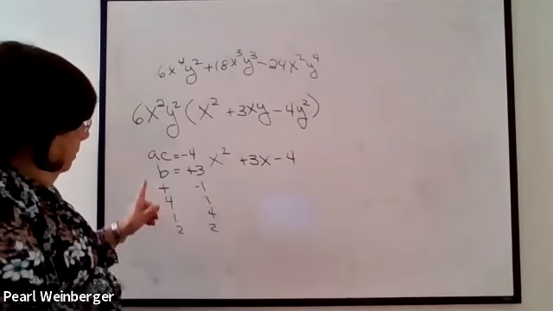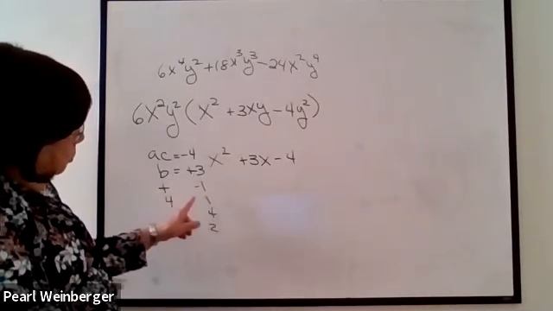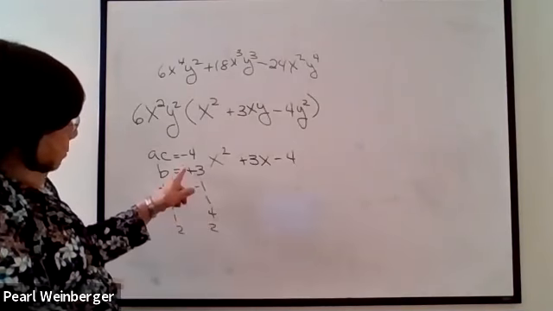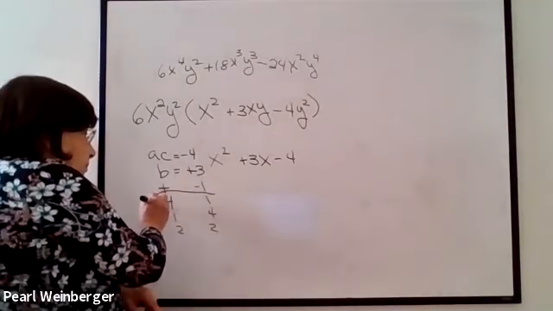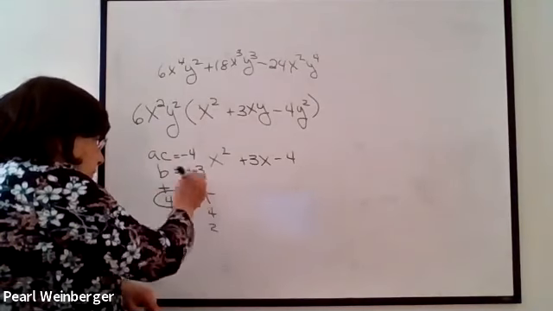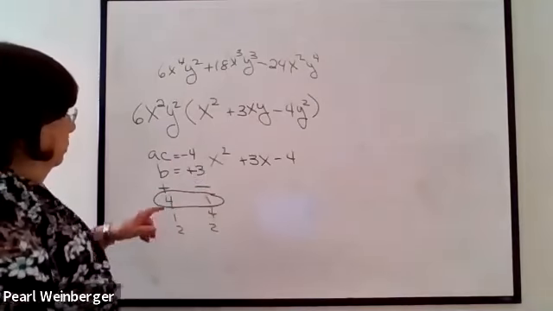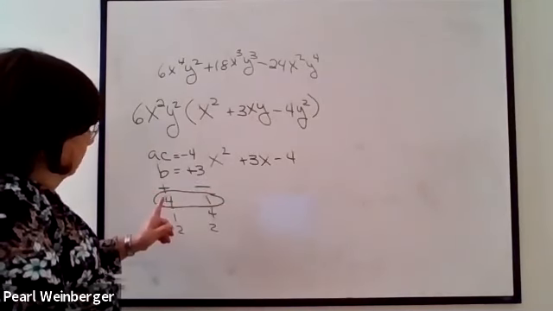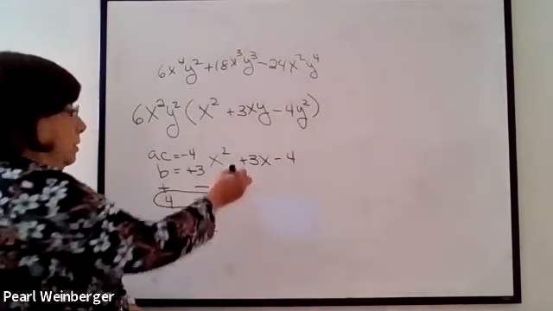And when I combine them, the first combination will give me a positive 4 with a negative 1, which gives me positive 3. So my correct combination here would be positive 4 and negative 1.